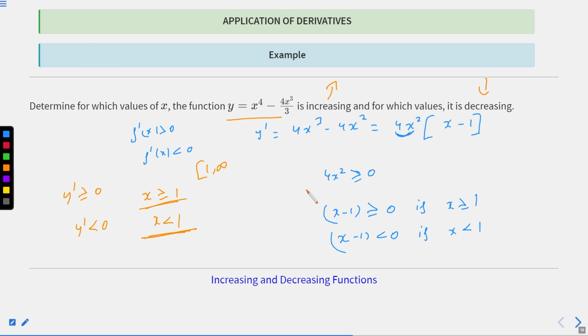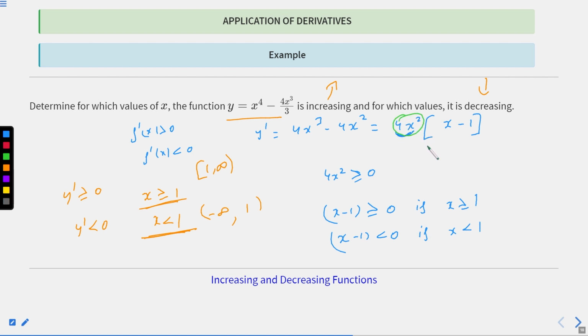I hope that it is clear. Or from 1 to minus infinity, it is decreasing. Clear? So we just used simple information about derivatives: when do we say increasing, when do we say decreasing. And we are also using some logical reasoning that this is always going to be positive.